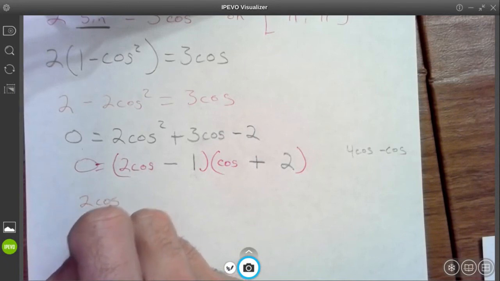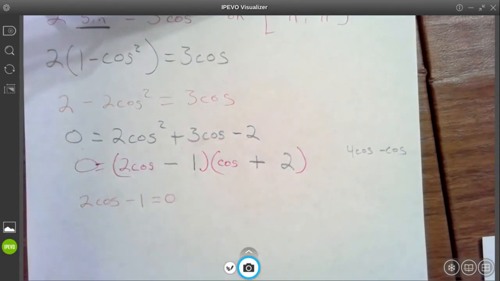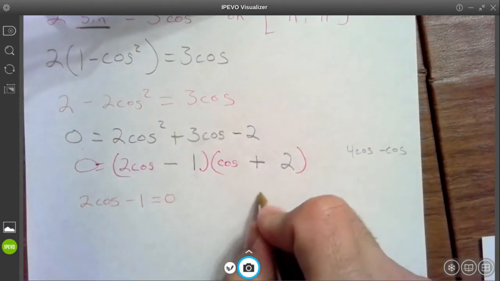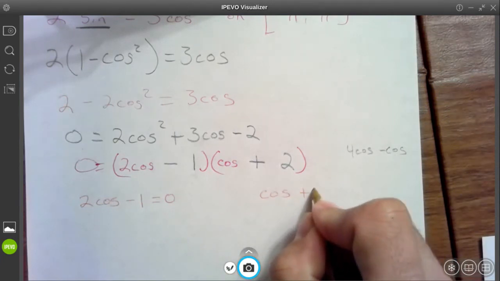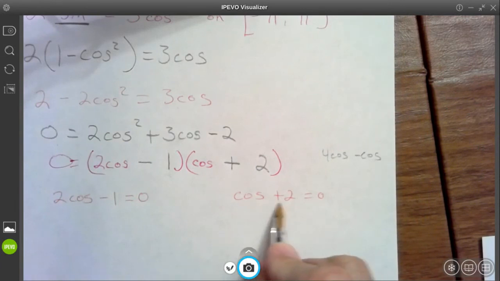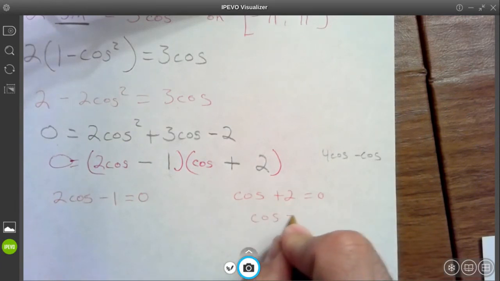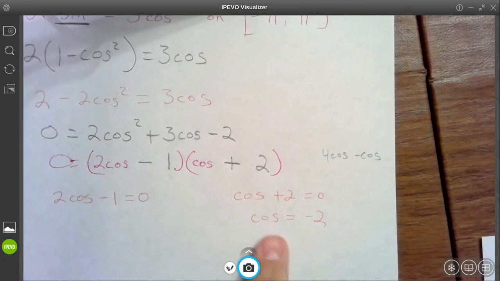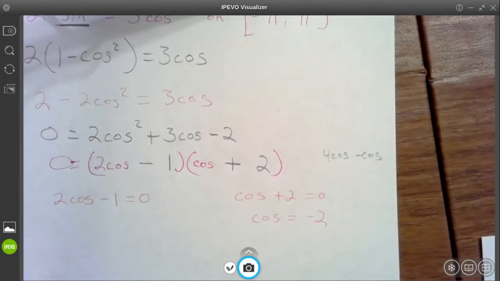So we get 2 cosine minus 1 equals 0. We'll solve that here in a sec. And we're going to get cosine plus 2 equals 0. Minus 2 from both sides. Cosine is equal to negative 2. This is impossible. Right?